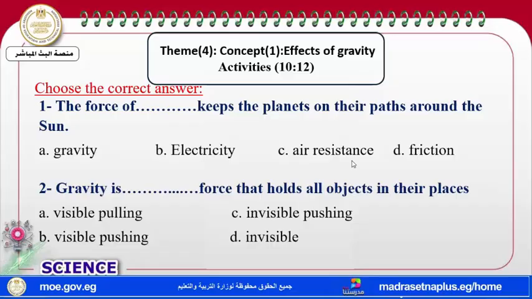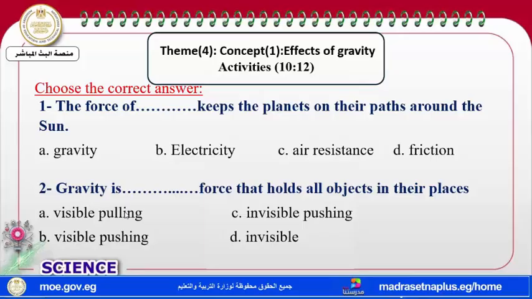No. Air resistance slows the speed of an object. Electricity? No. Electricity is not a force, it's energy. But gravity is the force that keeps planets on their path around the sun.